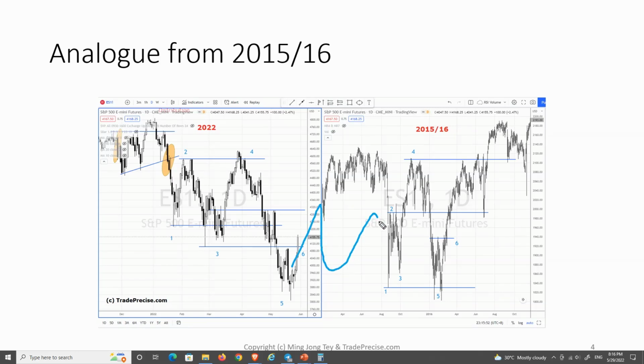For example, if it just still consolidates between say 4300 to about 3800, forming a trading range, and eventually shows some kind of distribution characteristics, then I think we could still see it break down and have the final capitulation. Or if it shows some kind of accumulation type of qualities or characteristics, then I think there is a chance for it to go up as well.